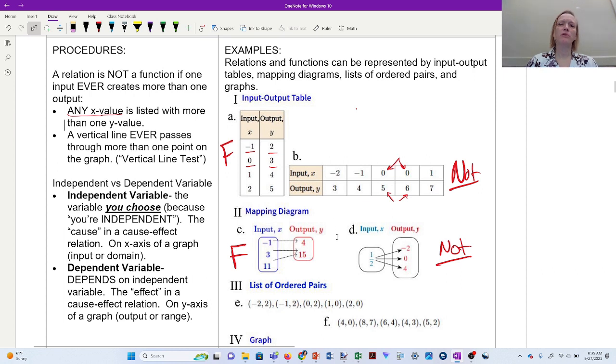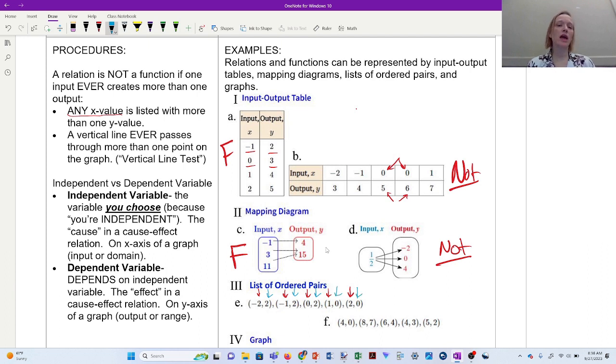Input and output tables and mapping diagrams are fairly easy to read, but lists of ordered pairs take a little more work. So if I look here at -2, -1, 0, 1, and 2, those are my x values. Those are my inputs. My outputs are 2, 2, 2, 0, 0.